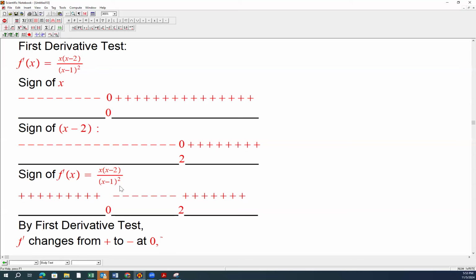From positive to negative at 0. So f has a local max at 0.